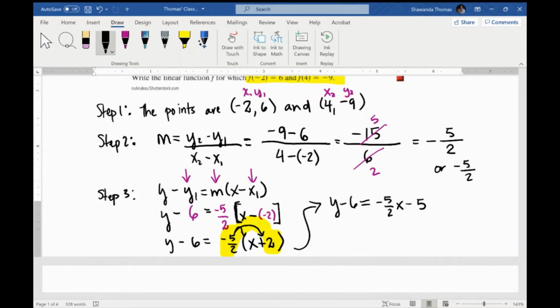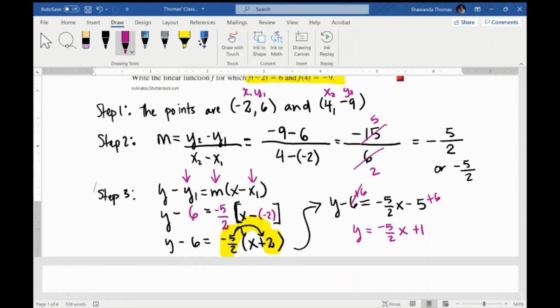All right. Now, yes, our goal is to get y by itself. So what would you do next? We're not done yet. Add the 6 to both sides. That cancels. Y equals negative 5 halves x plus 1. Yep. Last step.